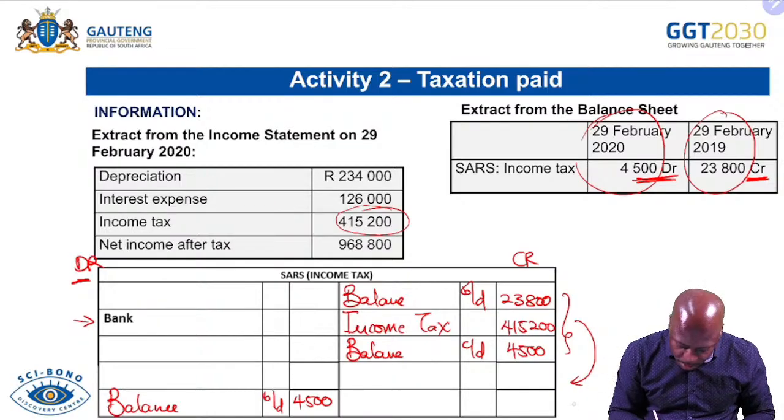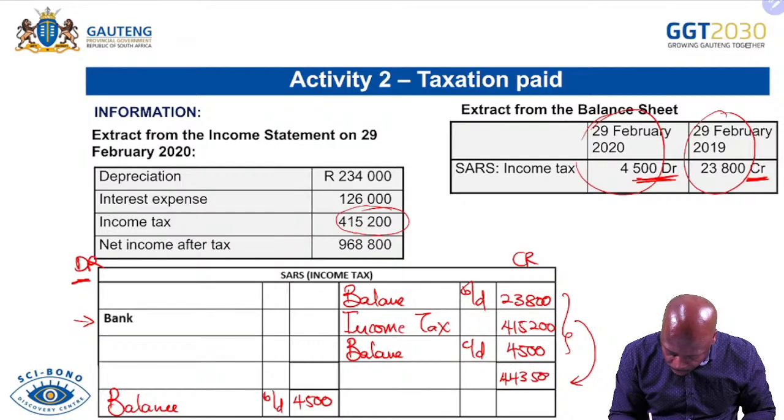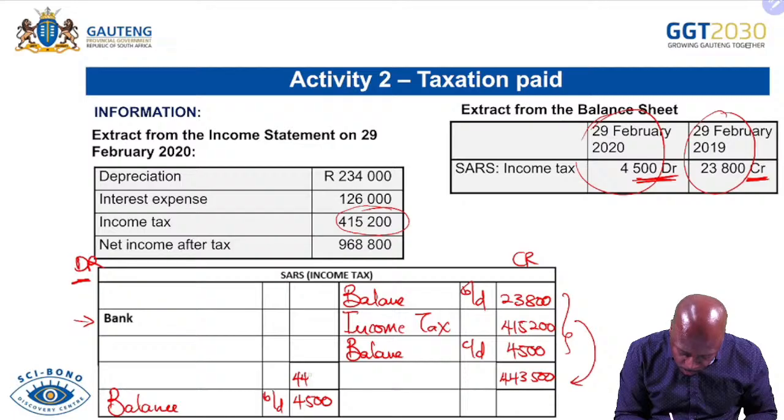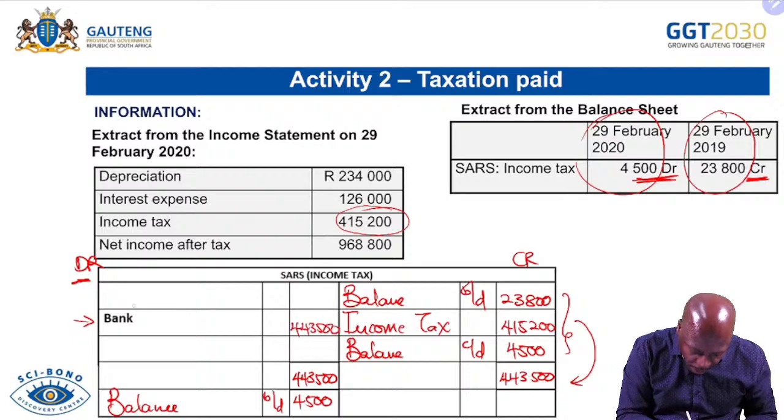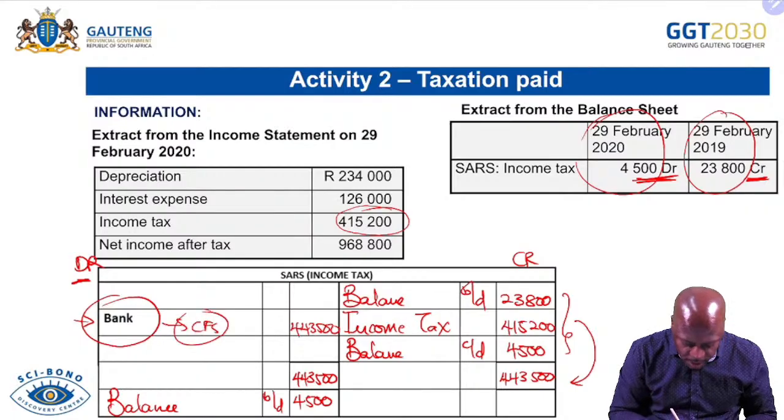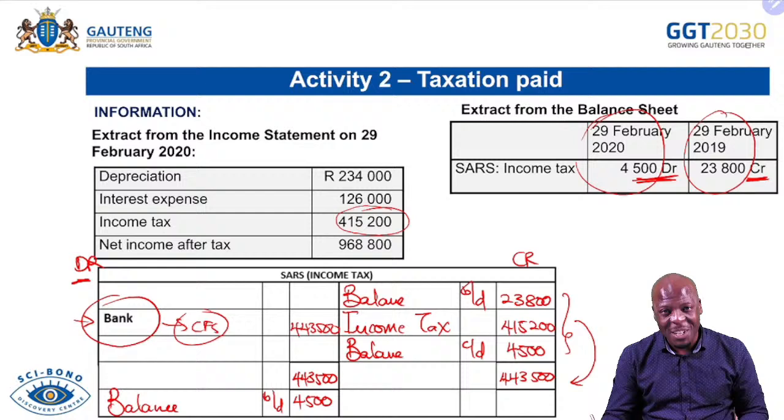If I totalize my credit side, I should get a total of 443,500. Therefore, the debit side should also have my 443,500. That becomes my bank. Bank is speaking to the cash flow statement. Very simple. I know. Very simple.